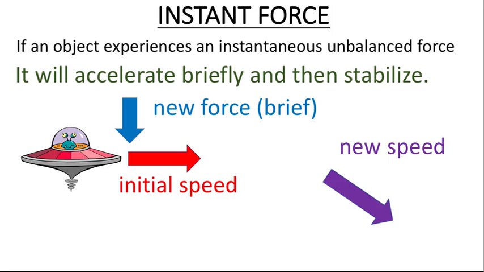And when we put this together, we get a downward angle. Now, the new speed of the ship is constant, meaning that it will continue to move in the new direction at a constant speed because the force has ended and there will be no more acceleration.